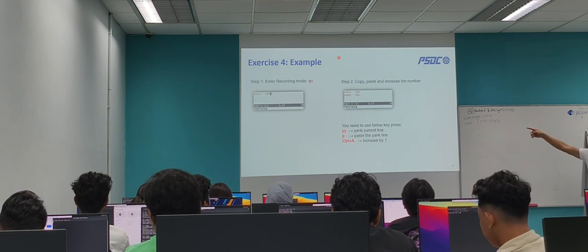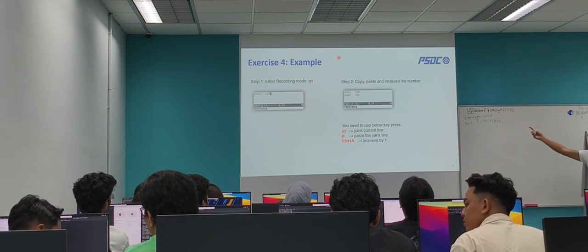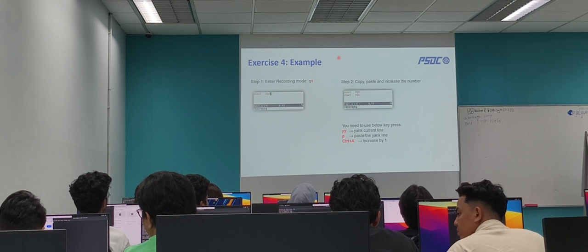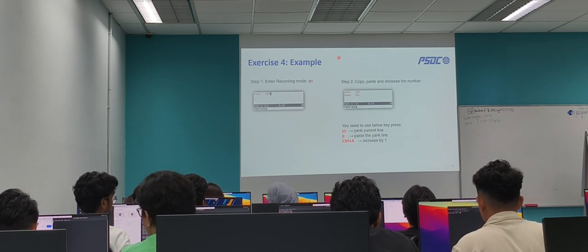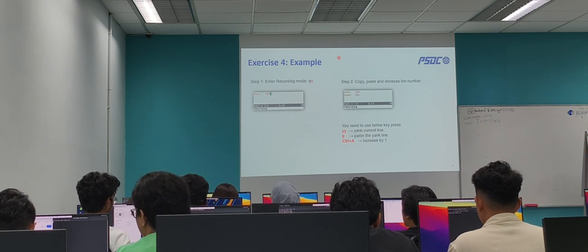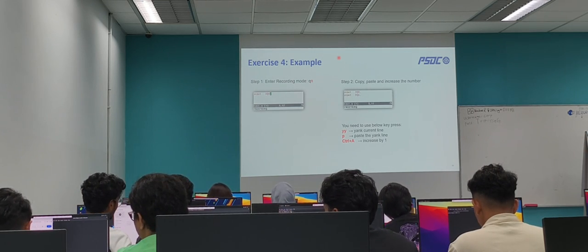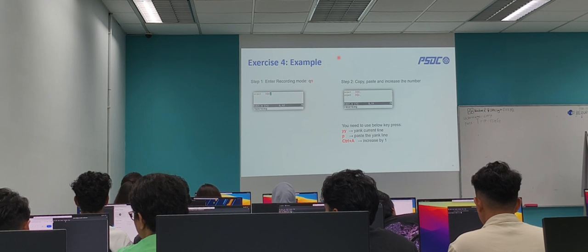Because I increase this, right? From DQ0, DQ1, say I have 256. You can type one by one, right? I have a much faster way for you to complete this. Yeah. This is using the recording mode.